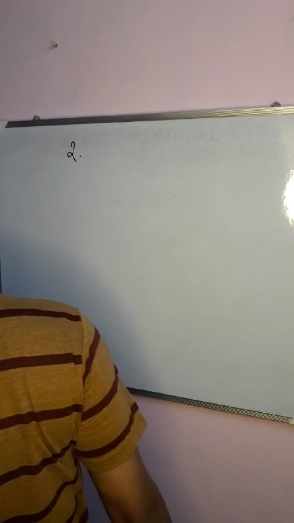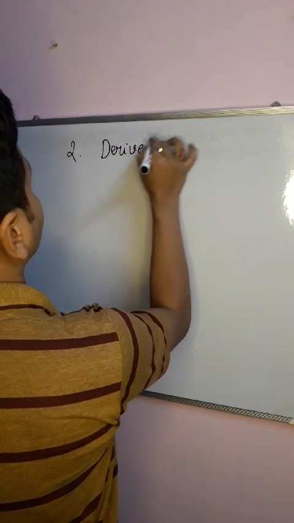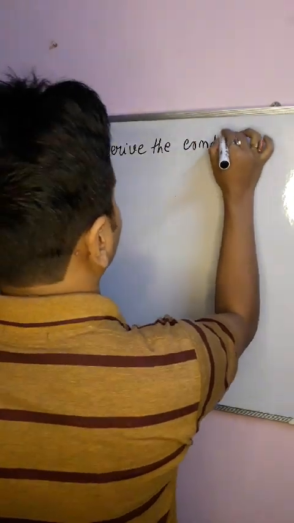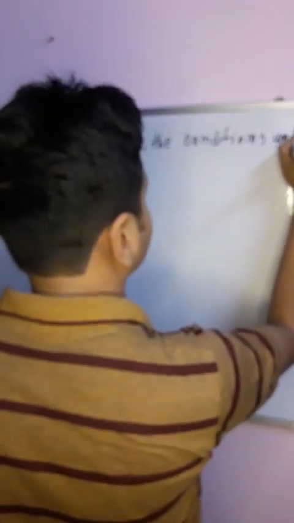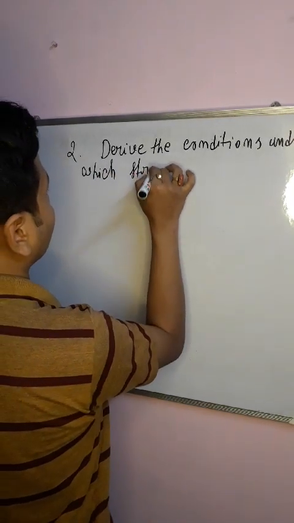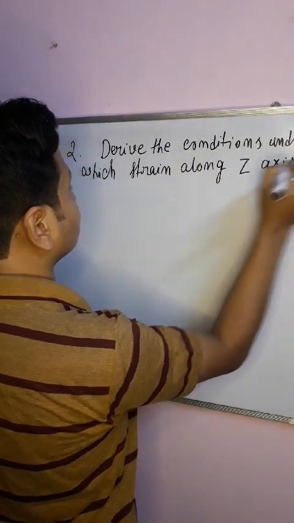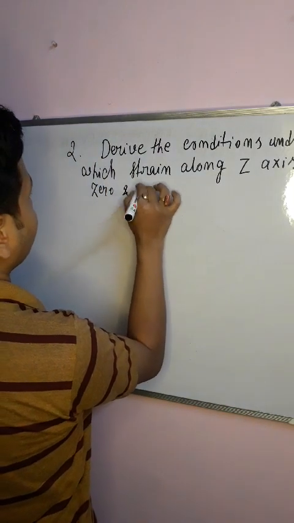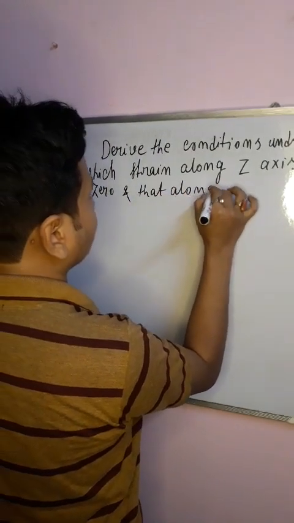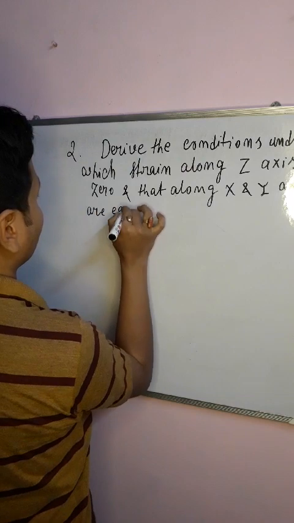A body is under stress along 3 mutually perpendicular directions. Now we have to derive the conditions under which the strain along z axis is 0 and that along x and y axis are equal.